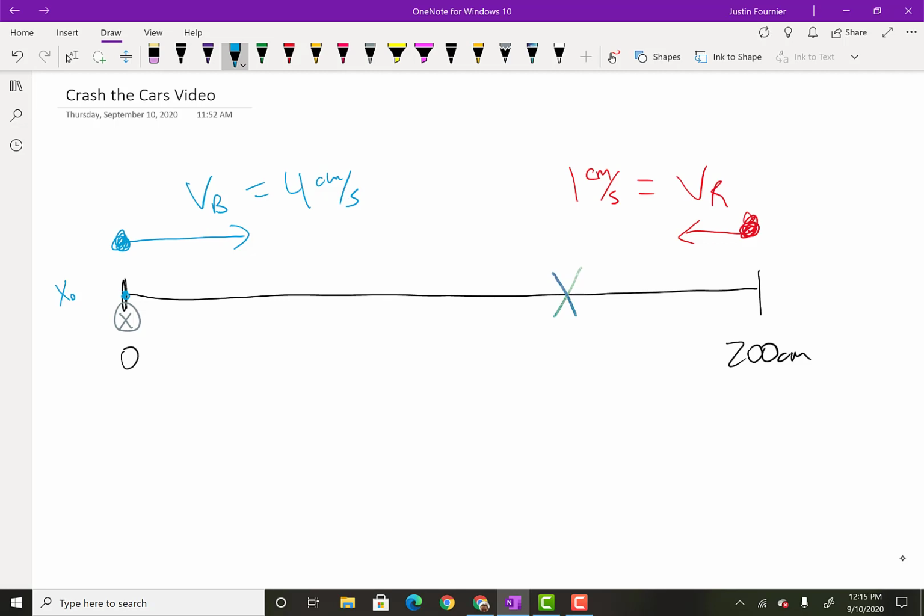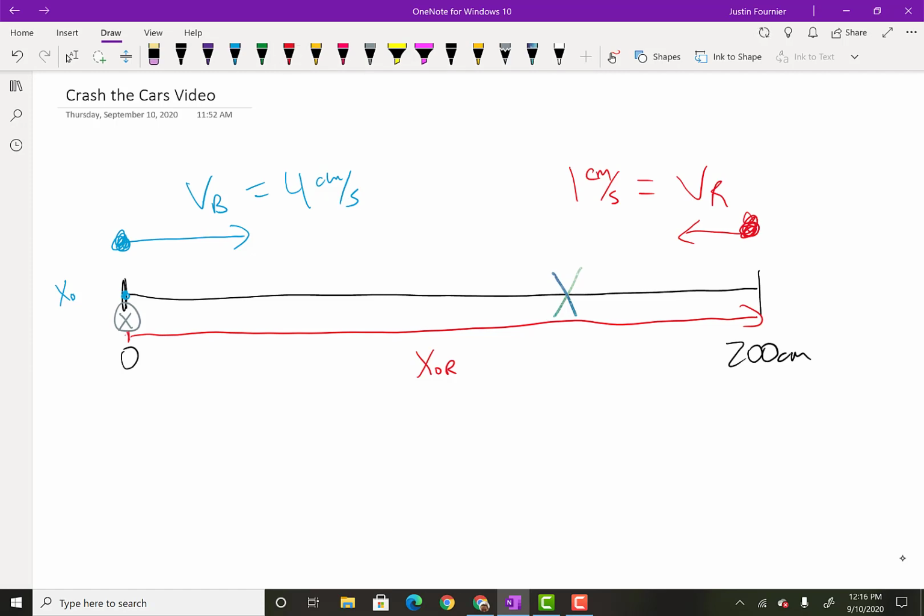And then the position of the red car is all the way over here, because position is always measured from the origin. So this is the initial position of the red car, which is 200 centimeters. That's how far away it is.